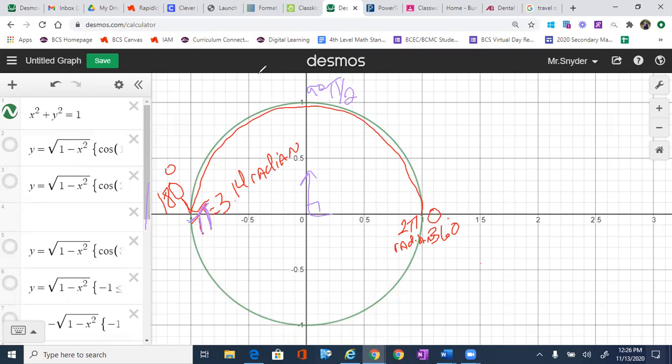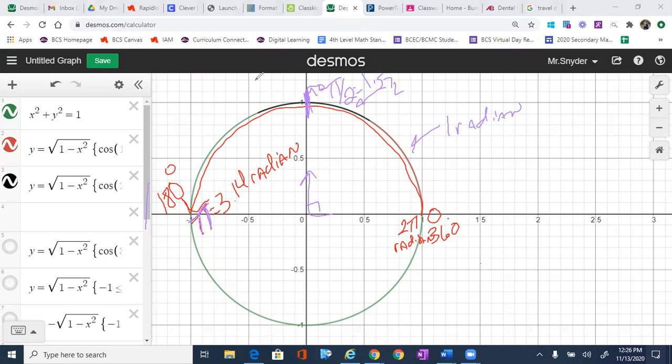Let's go ahead and check that. If I turn on my radians, notice what happens. I have 1 radian, and I have my second one, and it gets cut right about in half. So there is about 1.57 radians.